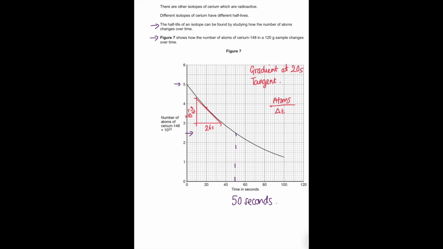So having drawn our tangent and having looked at our number of atoms and change in time, we have 1.3 times 10 to the power of 23 divided by 26 seconds. So the activity is going to be 5.0 times 10 to the power of 21.